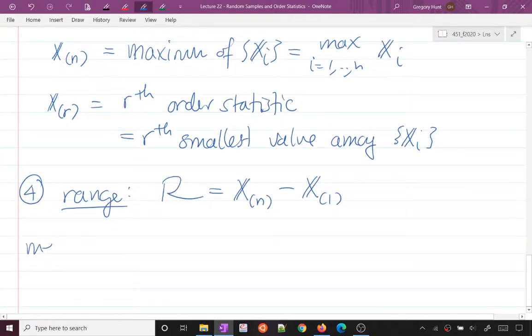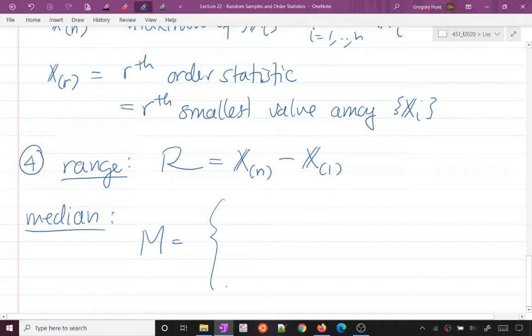Other things that people talk about are the median of the data. So maybe M is my median, and typically, if the number of samples is odd, then my median is x sub (n+1)/2. So it's the middle value, the (n+1)/2th order statistic.